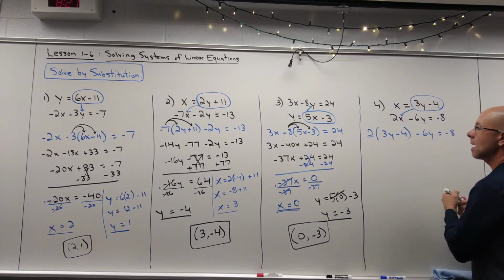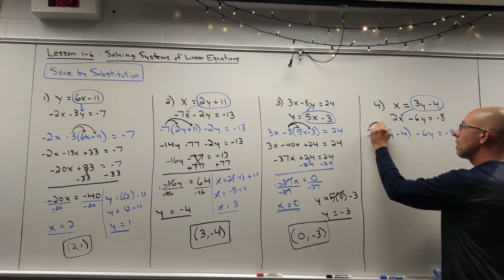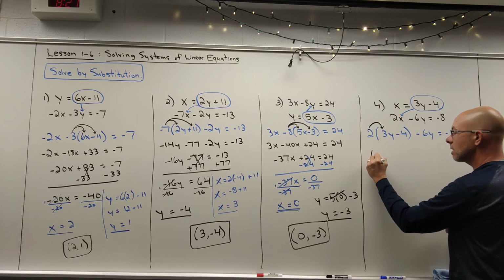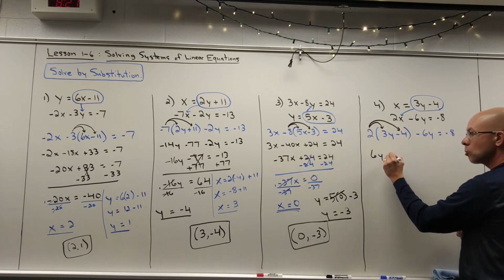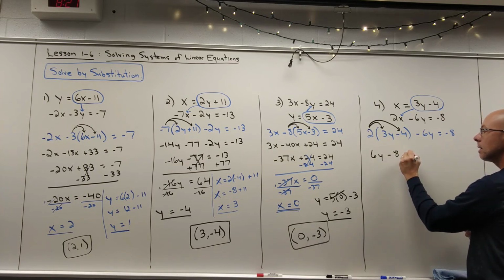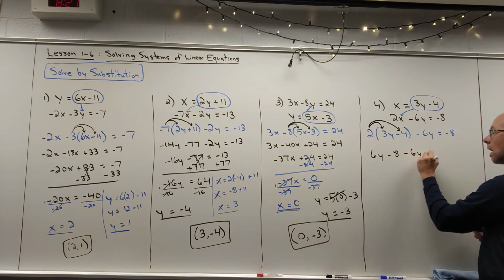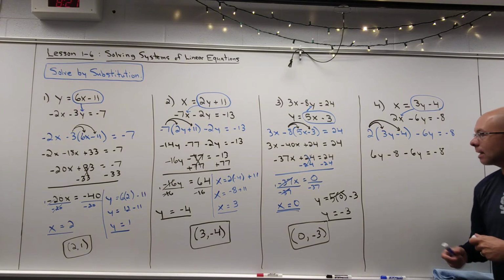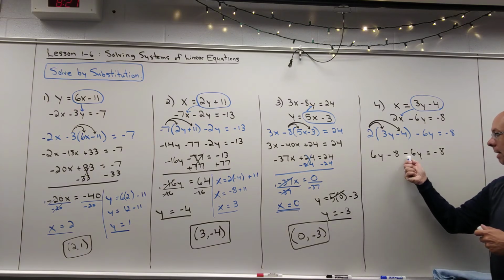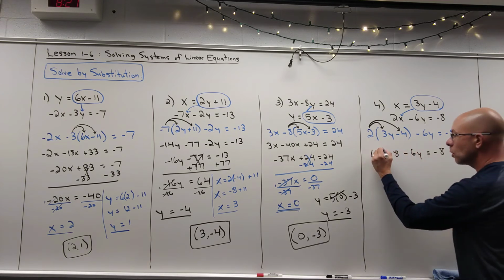Okay, so as I distribute here, that times that is 6y. That multiplied or distributed is minus 8. Minus 6y equals negative 8. Combining like terms, 6y minus 6y cancels.